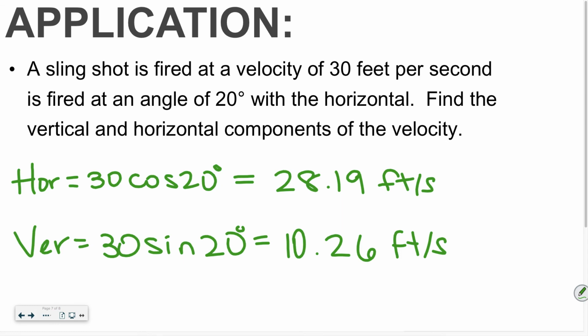But if I were to be standing here and they were shooting it this way, I would see that rock fly horizontally, and horizontally I could see that velocity be 28 feet per second. Now the rock is traveling 30 feet per second, but if you look at the different perspectives, you're only seeing that particular movement.